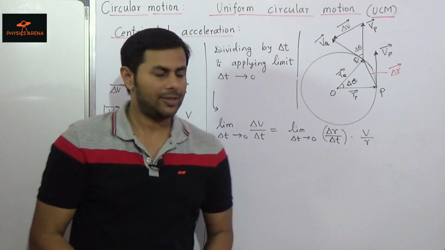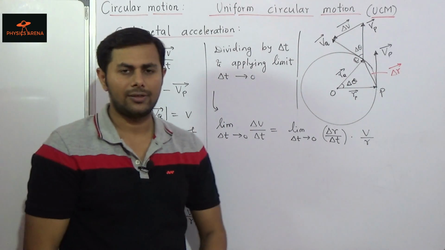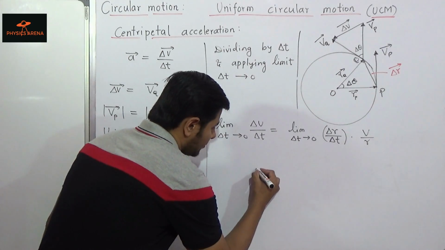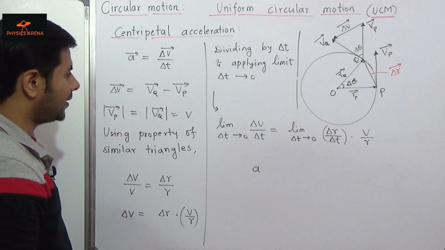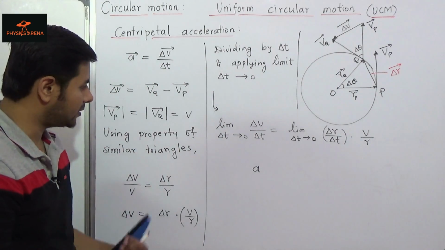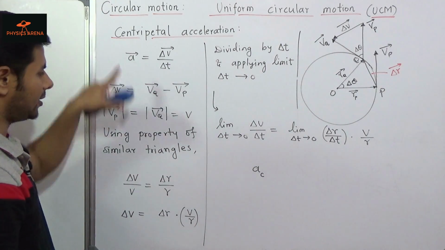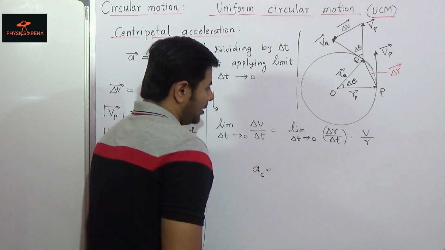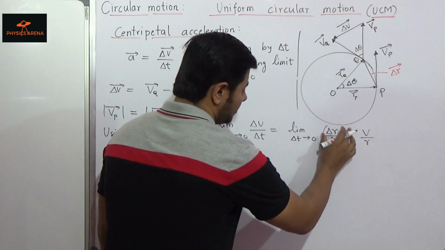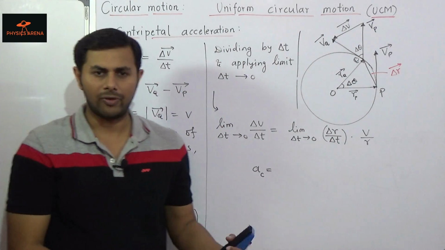Now this limit delta t tends to 0, change in v over change in t will give us acceleration. That's the acceleration we wanted, and we'll prove that it is directed along the radius and towards the center. So I will put this suffix c for centripetal acceleration, and it is equal to, on the right hand side, the limit delta t tends to 0 of the change in position with respect to time, that's velocity.